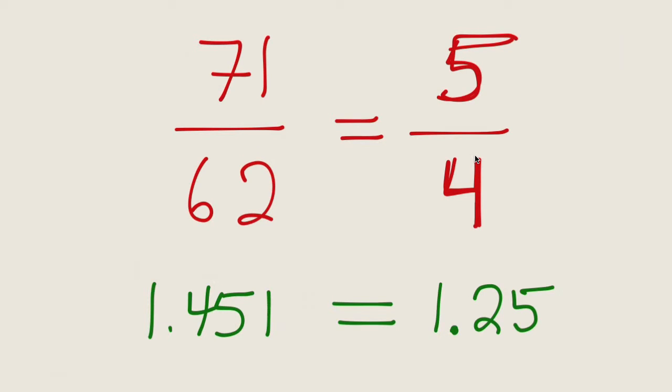Does 1.45 equal 1.25? Are those exactly the same thing? That's like saying 1 equals 2. Does 1 equal 2? No, 1 equals 1. 2 equals 2. 3 equals 3. 1.45 does not equal 1.25. So therefore, this does not equal this.